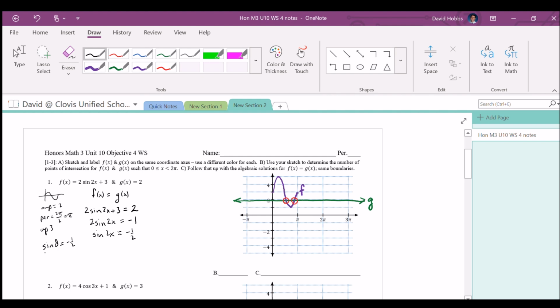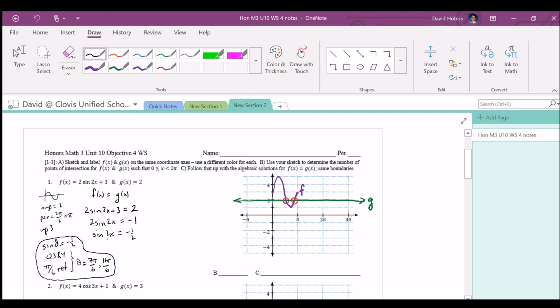And that was sine is negative in quadrants 3 and 4. And since it's 1/2 and it's sine, it's a pi over 6 reference. And that would tell us that theta is equal to 7 pi over 6 and 11 pi over 6.